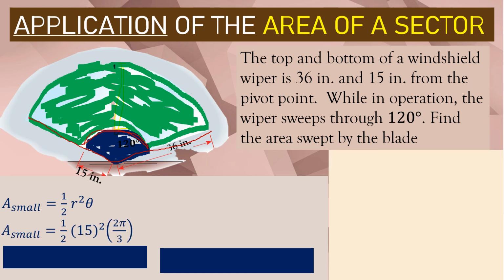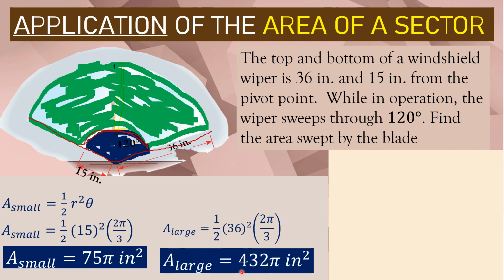The radius is 15 inches, so you need to substitute that. So the area of the small sector is 75 pi square inches. Now, the larger one will give you 432 pi square inches, where the radius is 36 inches.